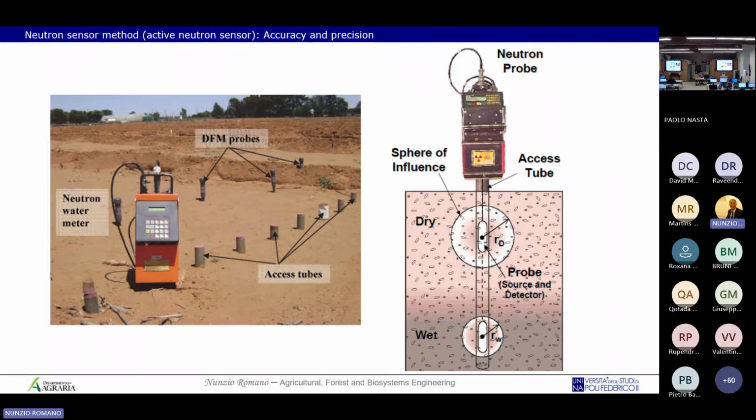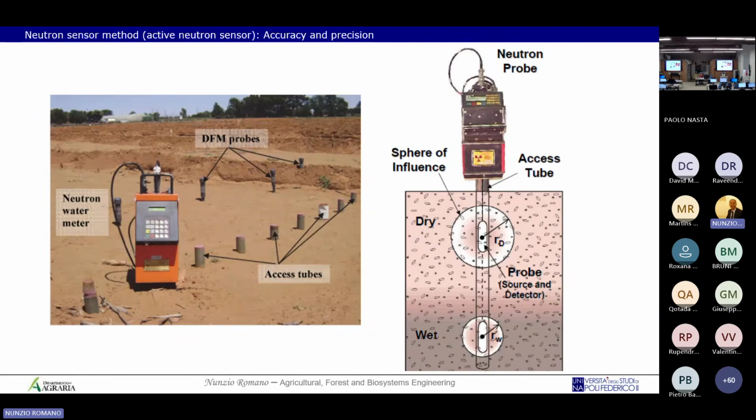We have the neutron probe that moves from one side to another, and it's important to point out that the collision of the fast neutron against the hydrogen, producing slow neutrons, depends on how wet the soil is.